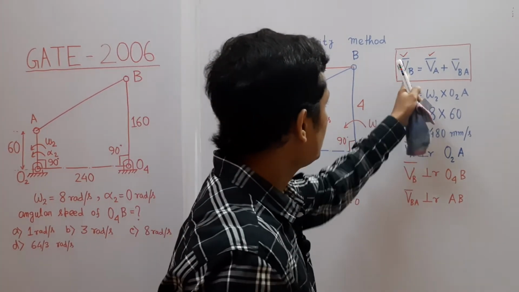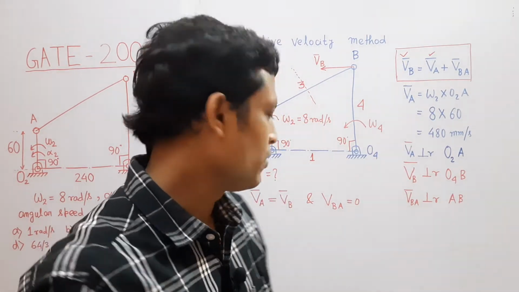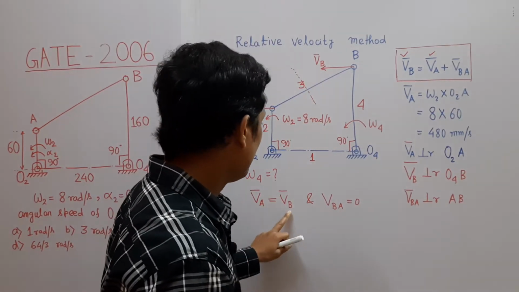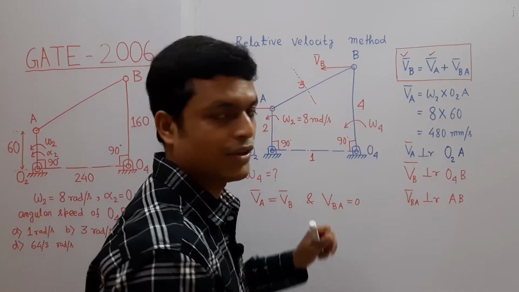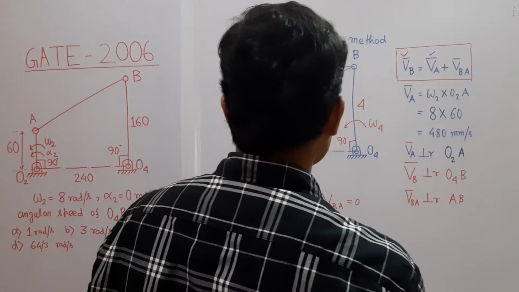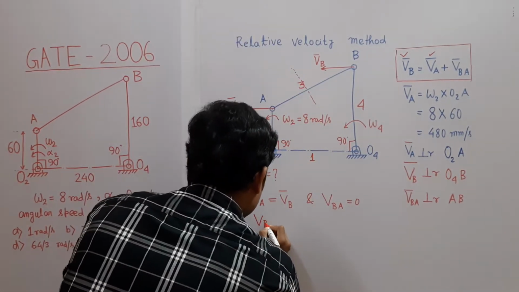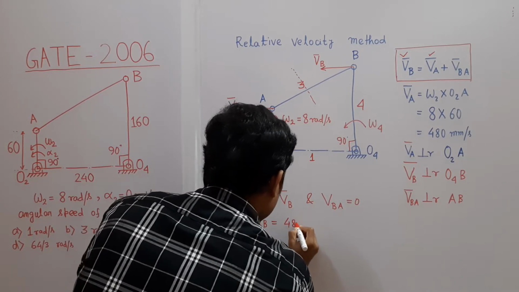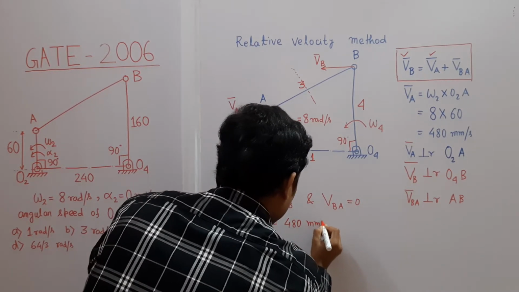So what is my Vb now? Vb is also 480 millimeter per second.